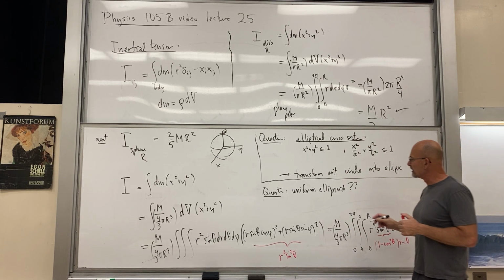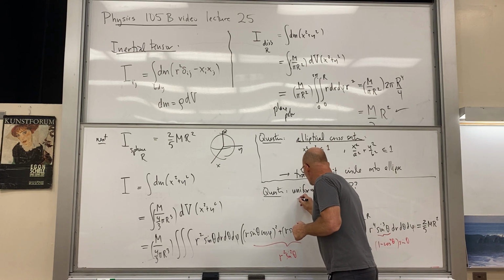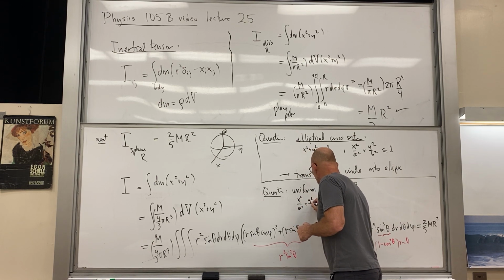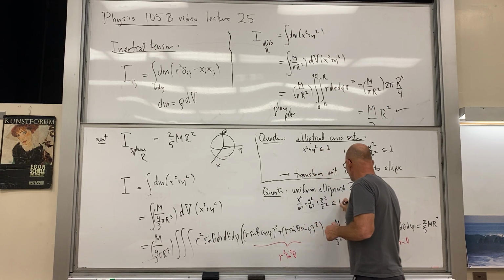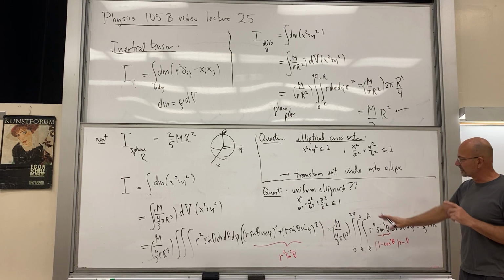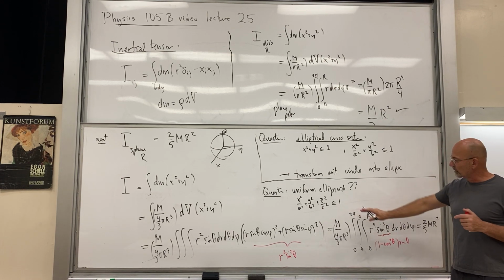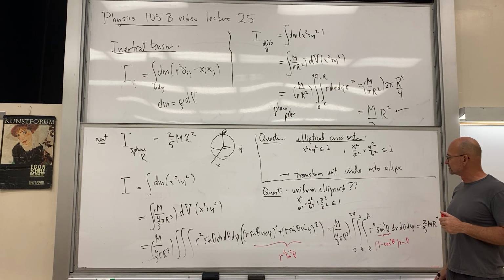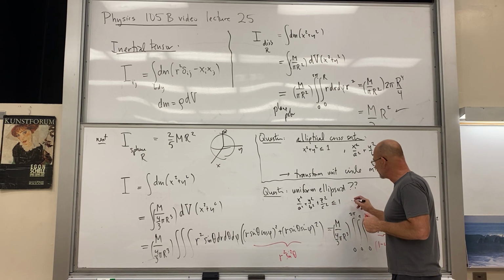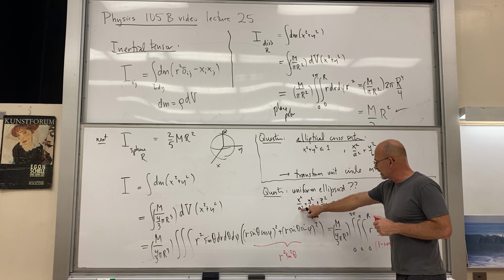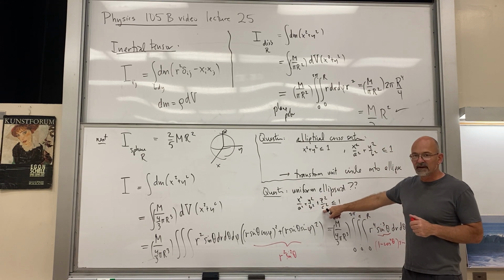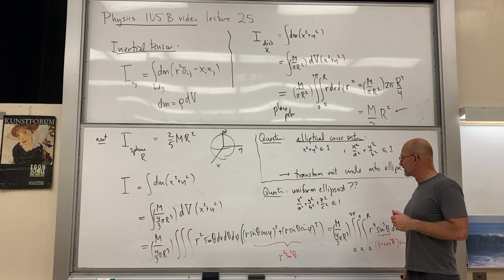You have a uniform ellipsoid, we're looking at x squared over a squared plus y squared over b squared plus z squared over c squared less than or equal to 1. Right, that's our area that we're integrating over. And as opposed to, you know, a, b, c equal 1, that would be the unit sphere.